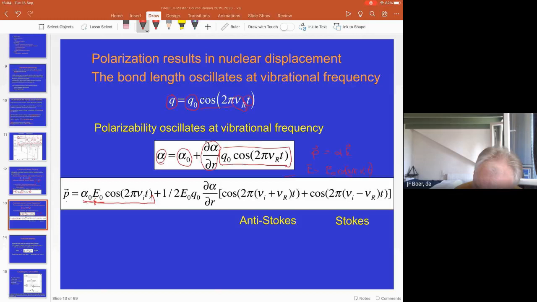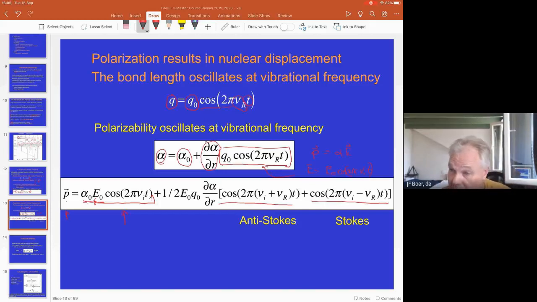This term, this cosine multiplied with this cosine, the product of two cosines you can write as a sum of the sum and the difference frequency. So that is done here. And so we see that the dipole moment of the molecule, or in other words, how the charge changes in the molecule, oscillates with the incident field.